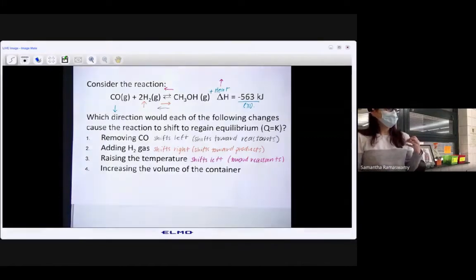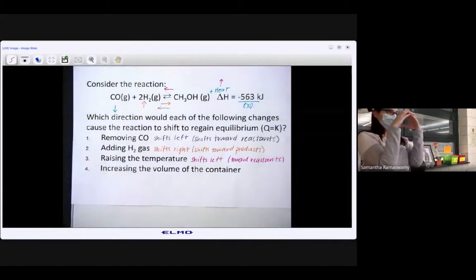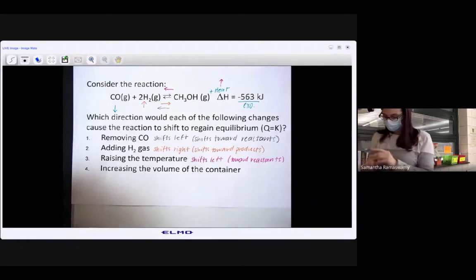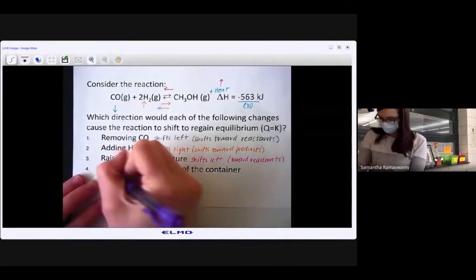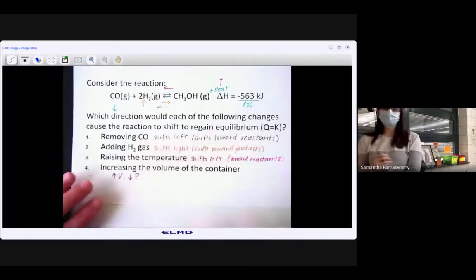Changing the volume is having you think about pressure. So we have a container, which has a certain pressure. We increase the volume. What's going to happen to the pressure in that container? What's going to happen to the number of collisions if it gets bigger? They're going to decrease. There's less collisions. So just to write what's happening here, if we increase volume, we're decreasing pressure.